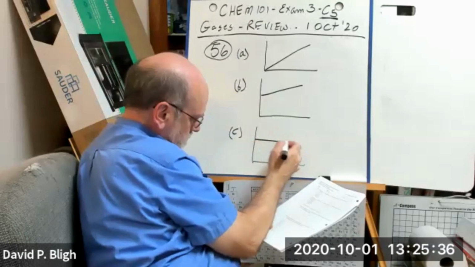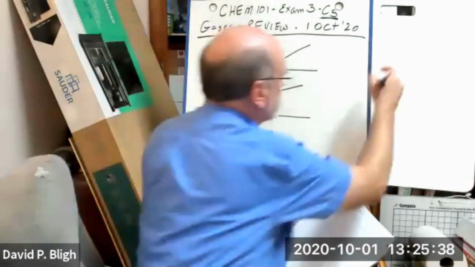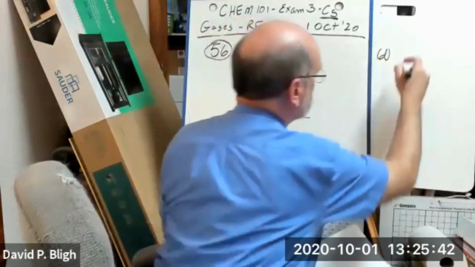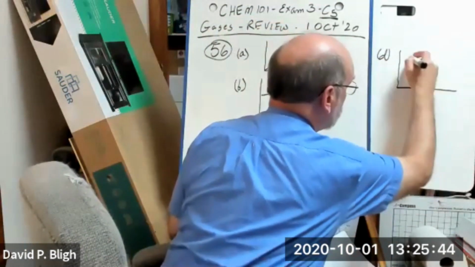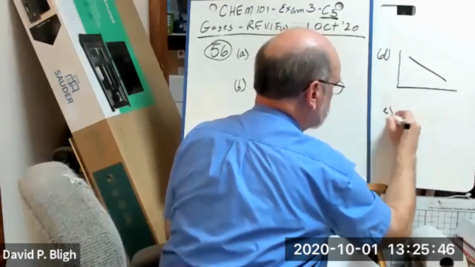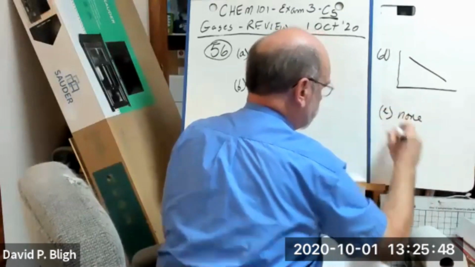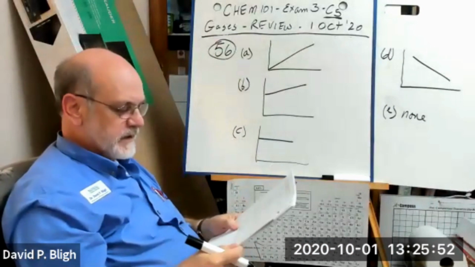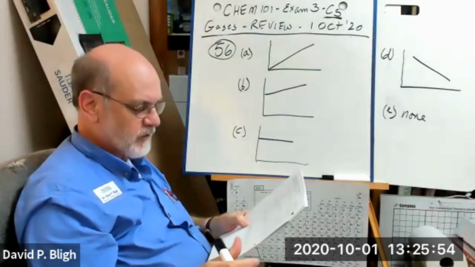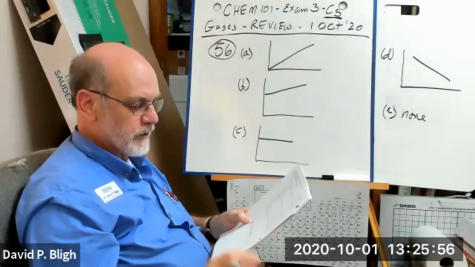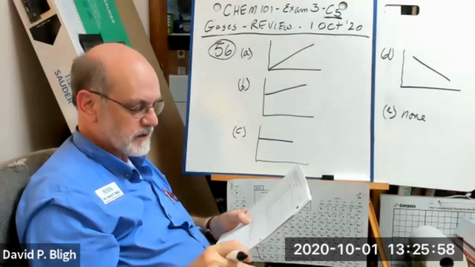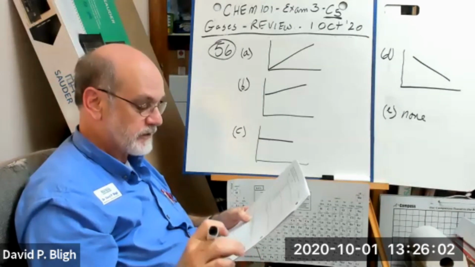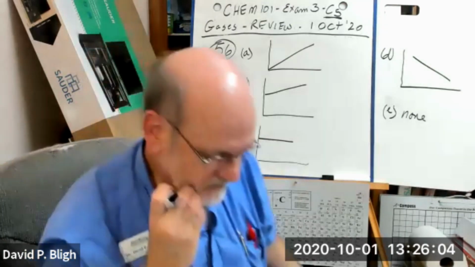This. And D. This one. And then E, none. Okay, so what's the question? Which of the following is the best qualitative graph of pressure versus molar mass of a 1 gram sample of different gases at constant volume and temperature?